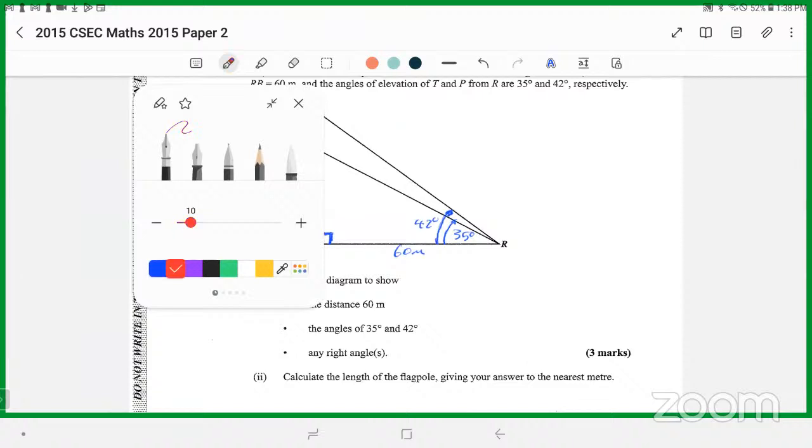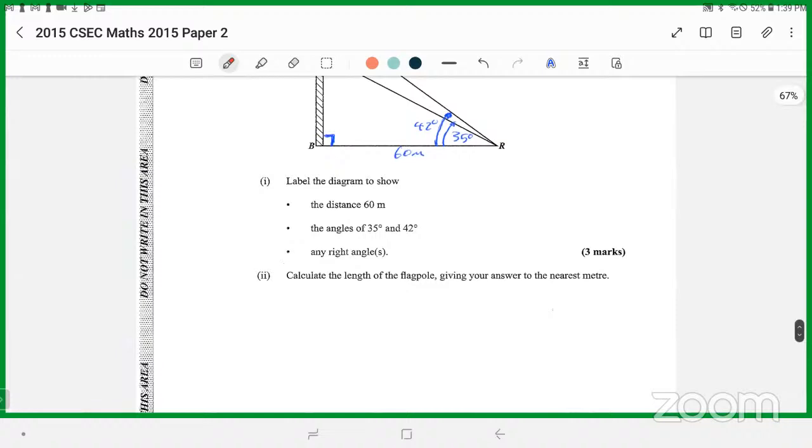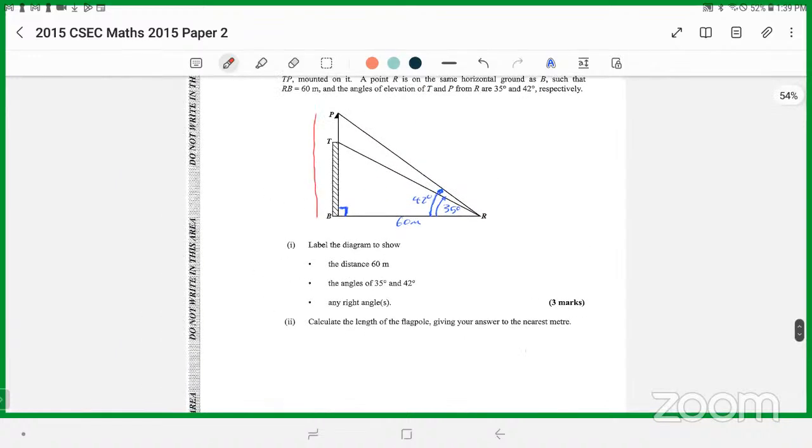We have this small triangle, where the angle is 35 degrees, and this larger right-angled triangle, where the angle is 42 degrees. Now let's see what I want. Calculate the length of the flagpole. The length of the flagpole is the overall height of the big triangle minus the height of the small one. That's the flagpole. So we're going to work in the two triangles.